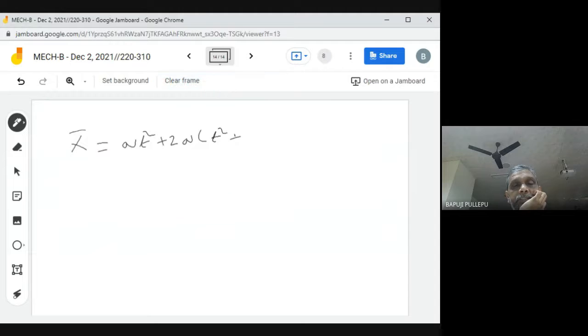T square plus 1. So this is equal to a t square plus 2a t square plus 2a. Are you agree, sir? Yes, sir. Now x bar is equal to what? a t square plus 2a t square is what? 3a t square plus 2a.